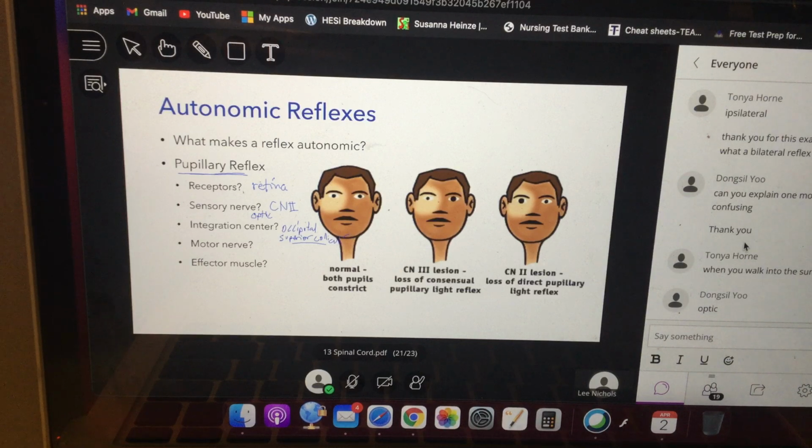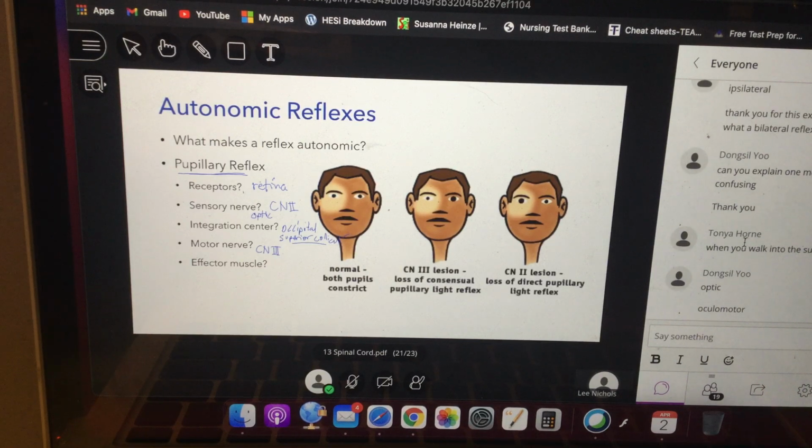The motor nerve, what controls the shape of the pupil? Well, that's cranial nerve number 3. What's cranial nerve number 3? Remember this one? This has got a long name. Oculomotor. Yeah, oculomotor.